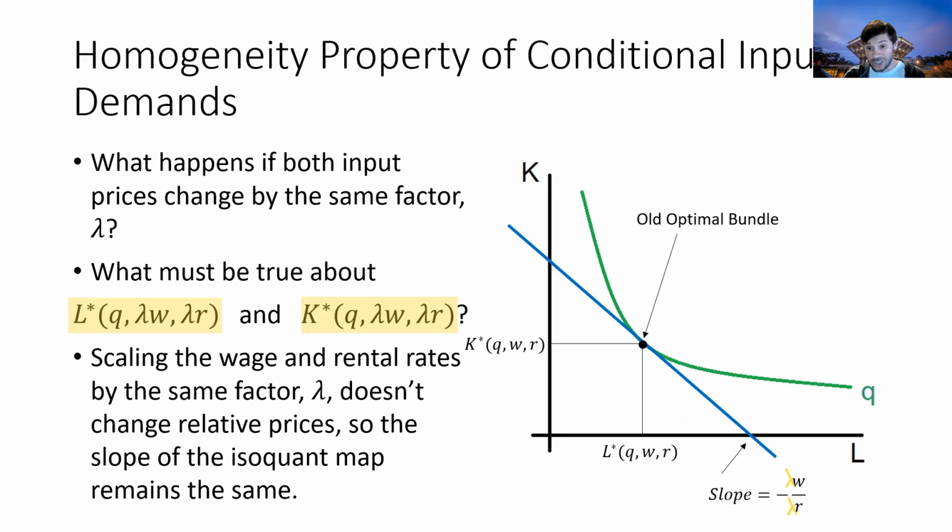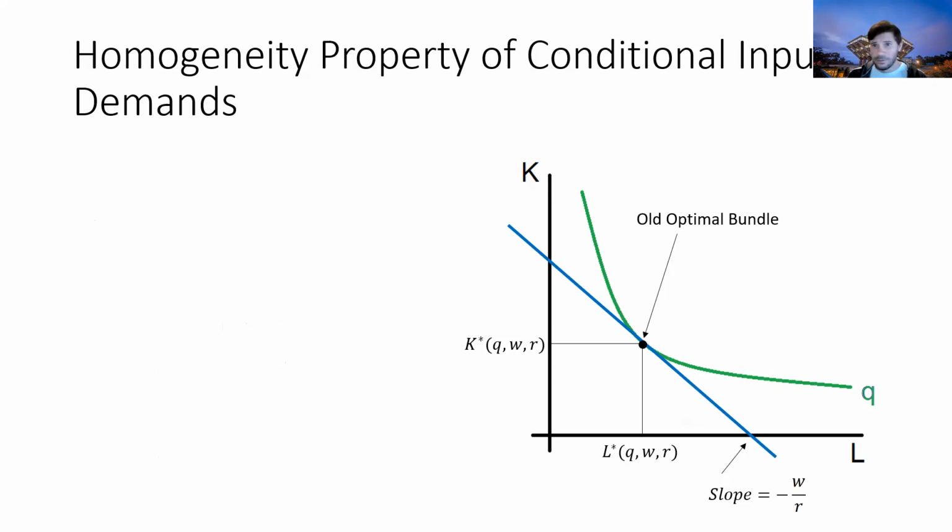So the slope doesn't change. And we're still aiming for the same Q. I'm not changing that. We're still trying to shoot for the same Q. So if the slope doesn't change and our constraint set is the same, what is true about our optimal bundle?